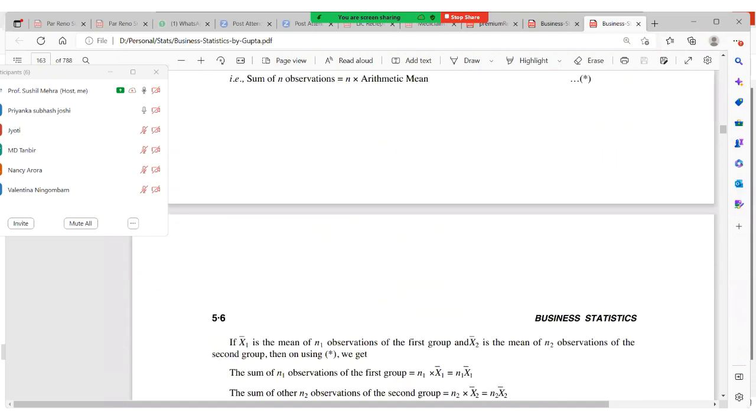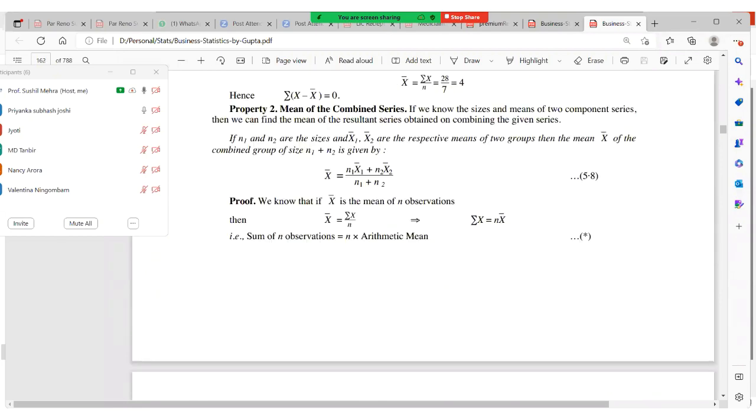Next, this property is given: mean of combined series. The formula for the combined series is x bar equals n1 x1 bar plus n2 x2 bar upon n1 plus n2. We have to find the mean of two different series, and we do this by this formula, right?